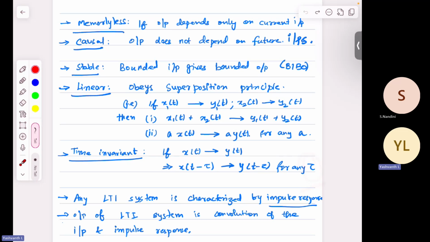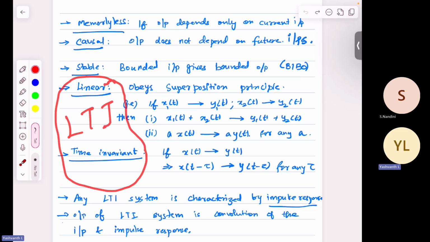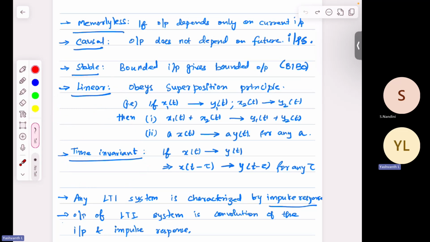So in general, most naturally occurring systems can be classified under the broad notion of what is called a linear time invariant system, or in short, LTI. Now, what is special about an LTI system? An LTI system has the unique notion of being characterized by what is called the impulse response.